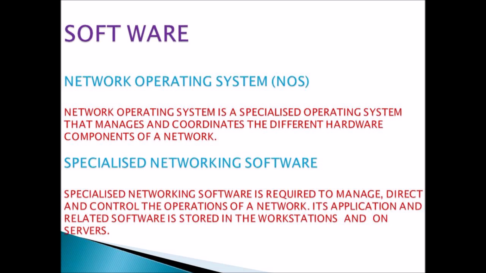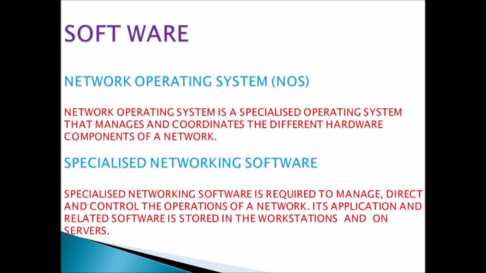And the next one is specialized networking software. Specialized networking software is required to manage, direct and control the operations of a network. Three main things are done in this specialized networking software, that is SNS. It manages the operations of a network, directs the operations of a network, and controls the operations of a network.